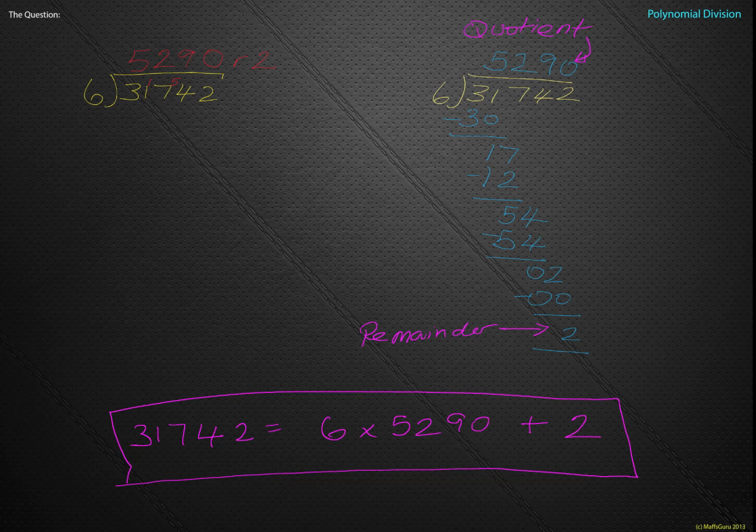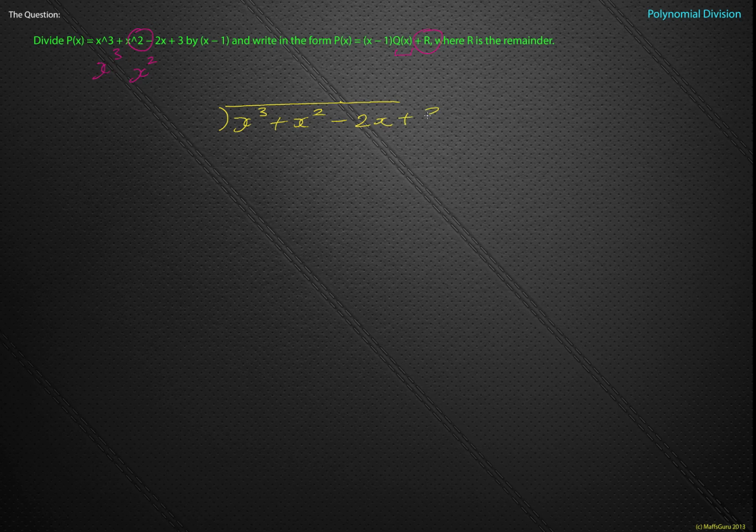So now we can go back to our original question and perhaps put it in a little bit more context. Let's write it out longhand first and see what the prerequisite knowledge might be. So, we're going to divide x cubed plus x squared minus 2x plus 3 by x minus 1.